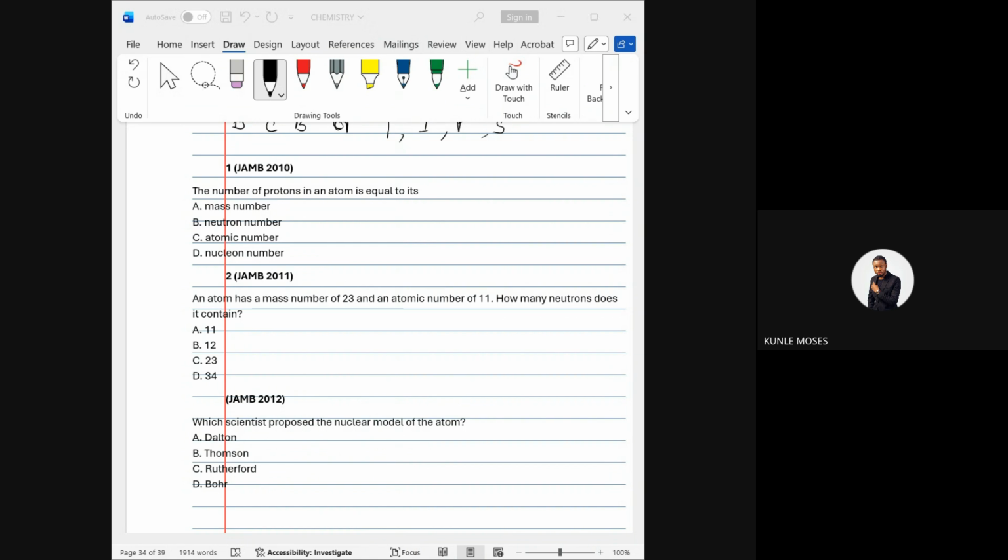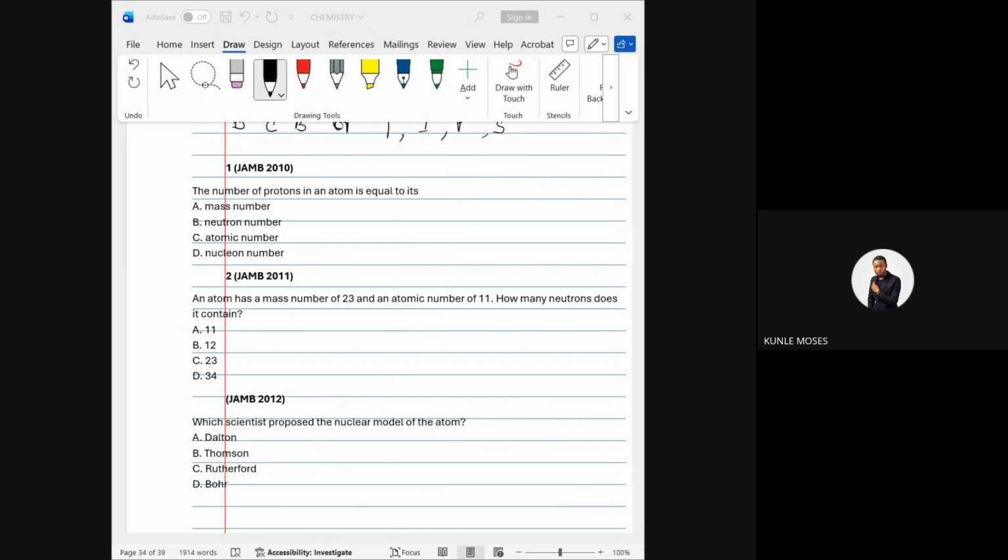It's Rutherford that discovered the nucleus. Sometimes they will not say which scientist proposed the nucleus; they can say which scientist proposed the nuclear model.